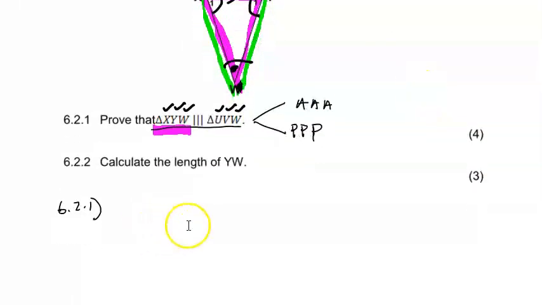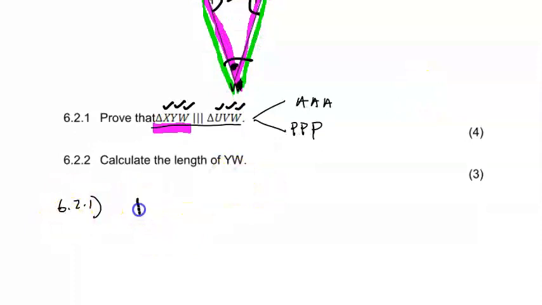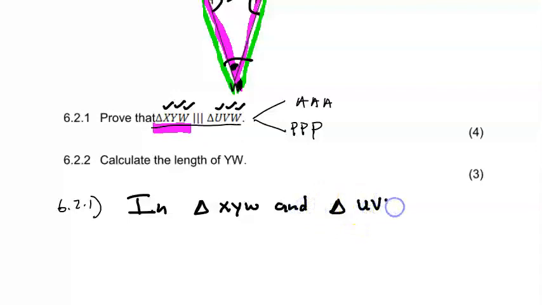I always start off my proof by saying in triangle X, Y, W and triangle U, V, W, my first statement will be that, if I look at it very carefully, this is W, U, V, W, so W is common.